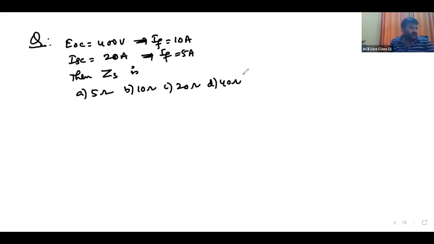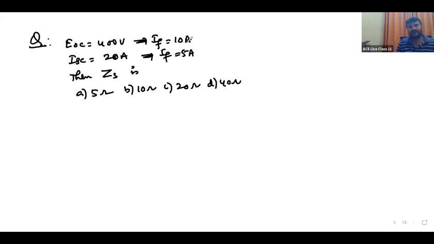EOC is 400 volts at IF equal to 10 amperes, ISC is 20 amperes at IF equal to 5 amperes. What is the ZS? While you are calculating ZS, both must be for the same field current.